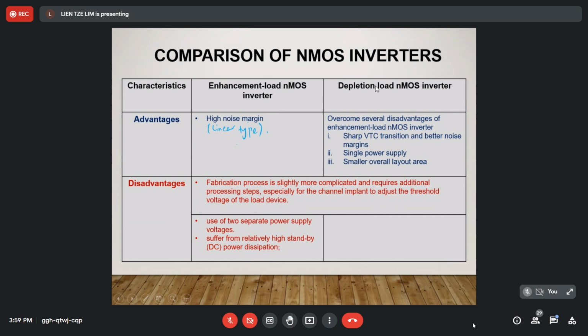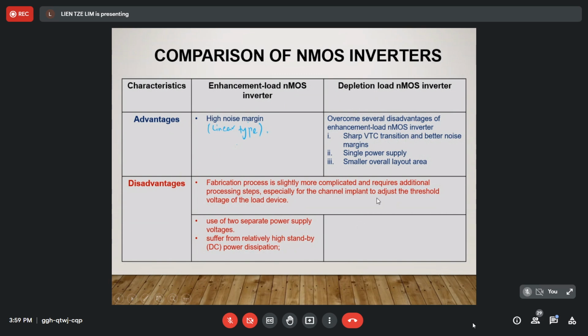For depletion load, the disadvantage that can be identified is the fabrication process. The fabrication process is also more complicated, and it also requires additional processing steps.